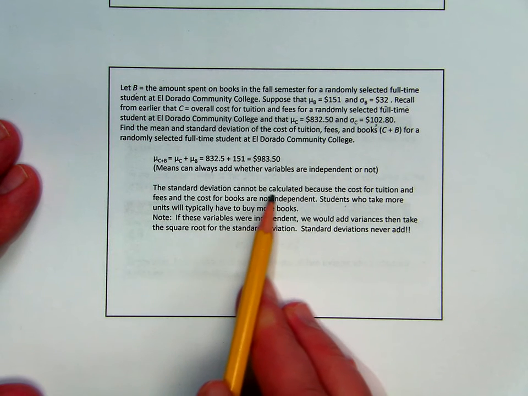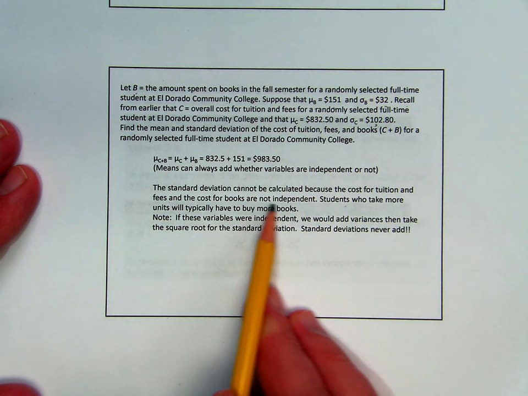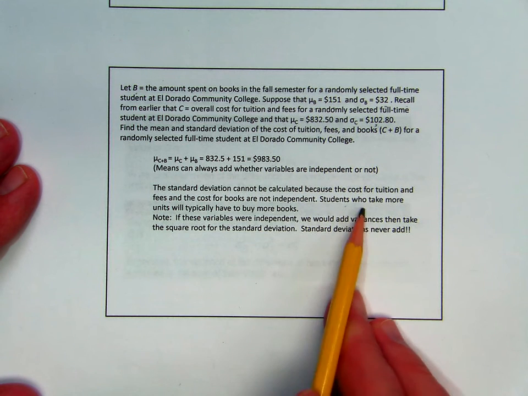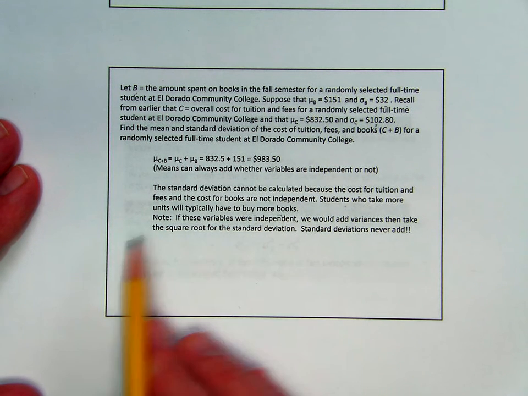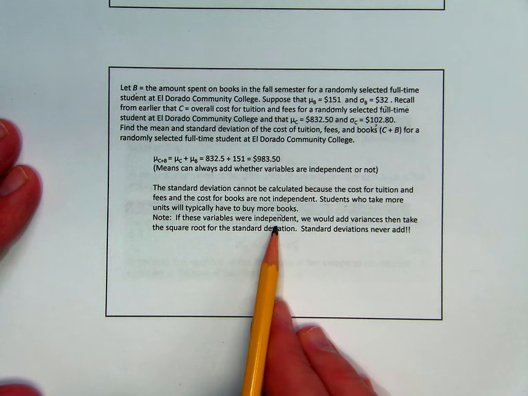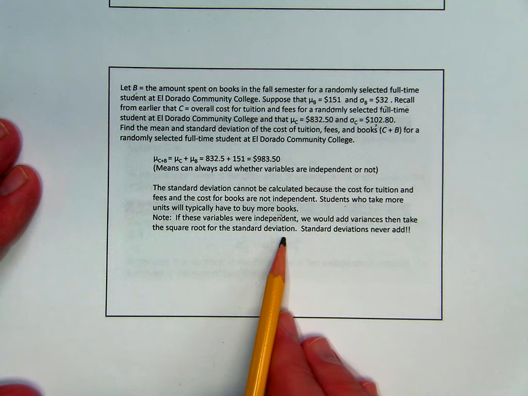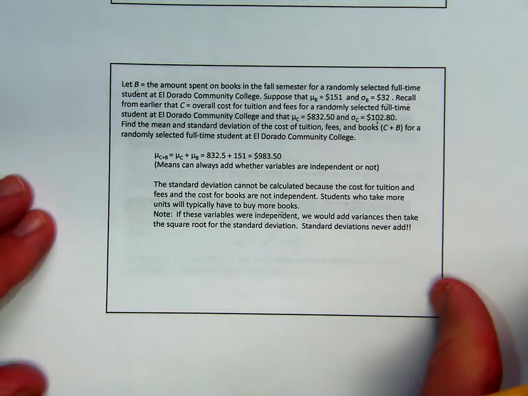Okay, the standard deviation cannot be calculated because the cost for tuition and fees and the cost for books are not independent. Students who take more units will typically have to buy more books. So knowledge of one thing gives us information about the other. If the variables were independent, we would add the variances, then take the square root for standard deviation. Standard deviations never add.